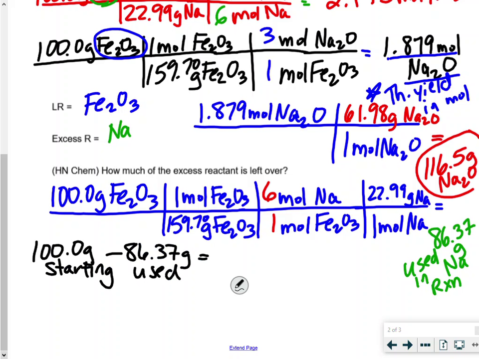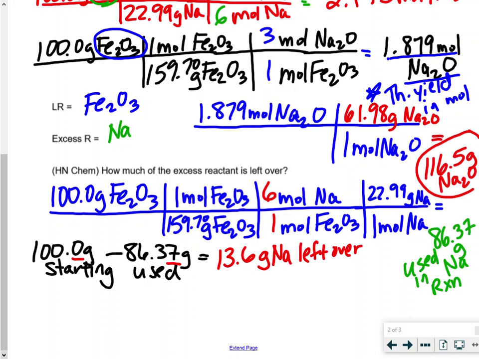Now do remember on subtraction, you have to look at place value. So we have hundredths and tenths. So I'm going to round my answer to the tenths. So this is going to be 13.6 grams of sodium left over. All right, that's one way you can work it: limiting reactant to excess reactant, subtract from the original amount started with.